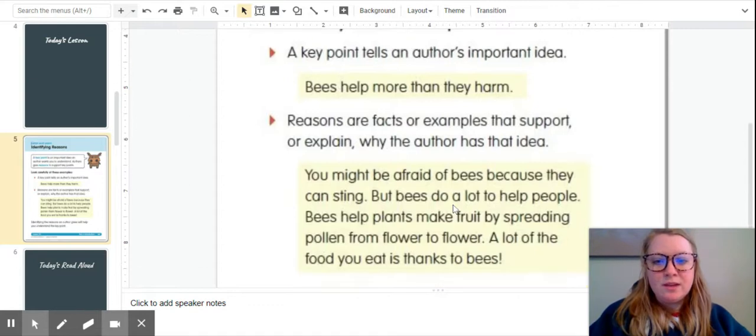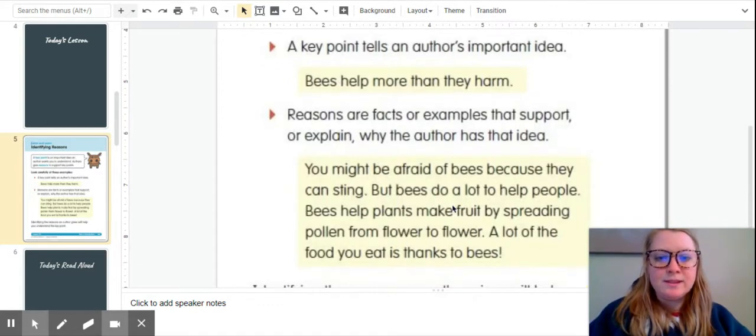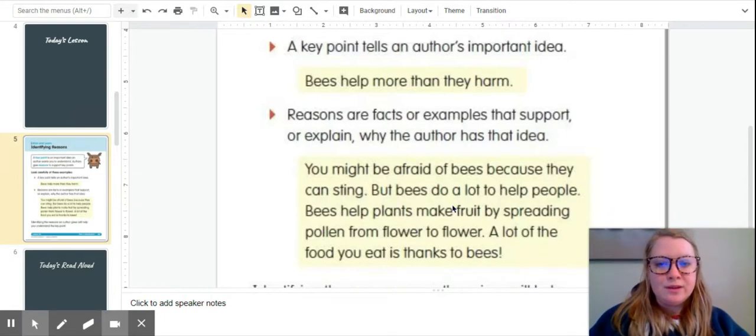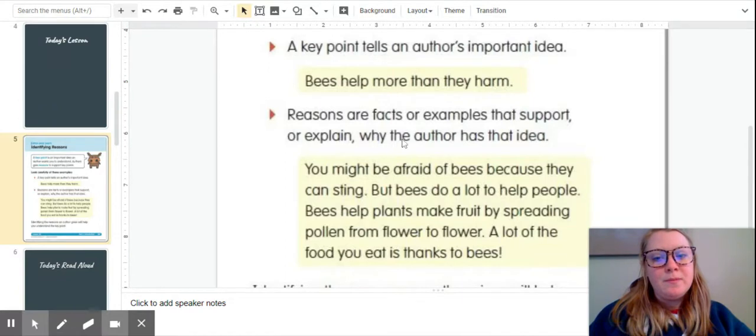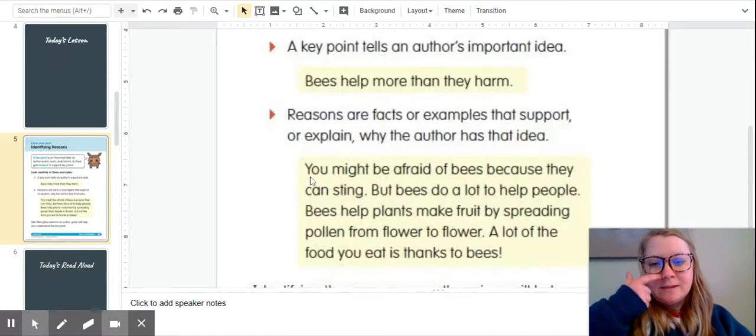So let's read the reasons down below and see if they show an example of how bees help more than they harm. All of the reasons should be about how they help. So the first sentence is, you might be afraid of bees because they can sting.